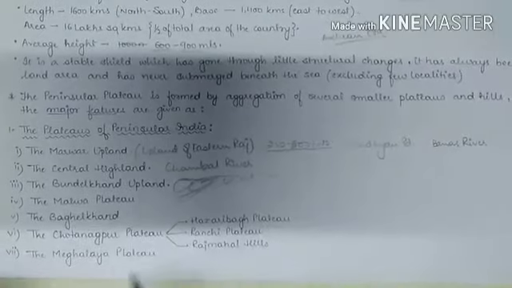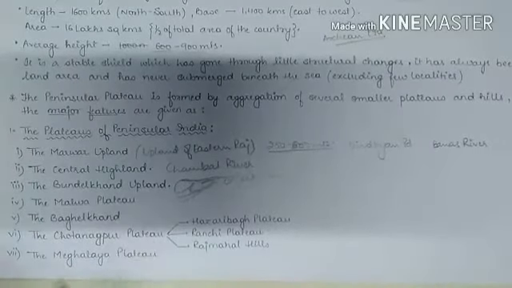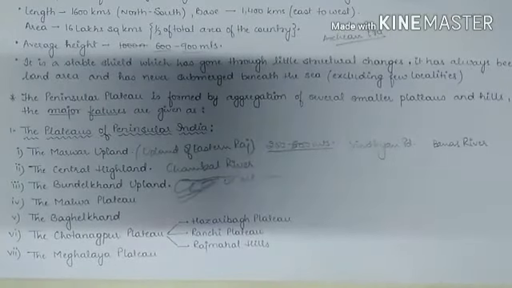Now after Bundelkhand upland, we have Malwa plateau. Now this Malwa plateau is roughly in the form of a triangle base, and this triangle is based on Vindhyan hills, bounded by Aravali ranges in the west and a sharply defined scarp overlooking Bundelkhand in the east.